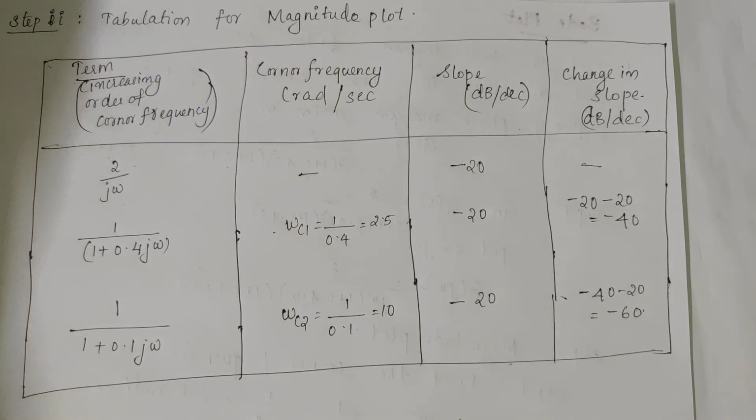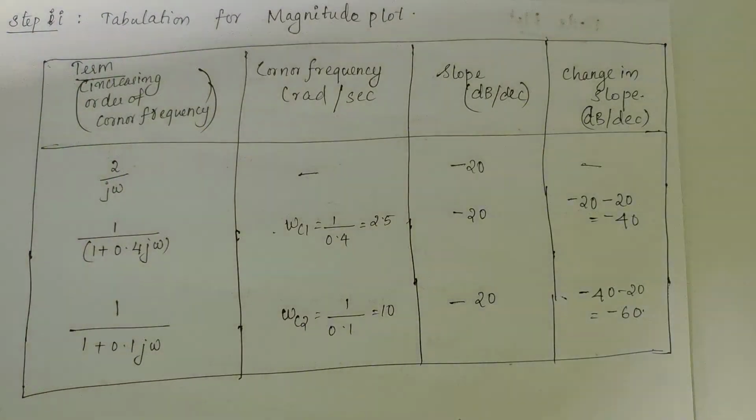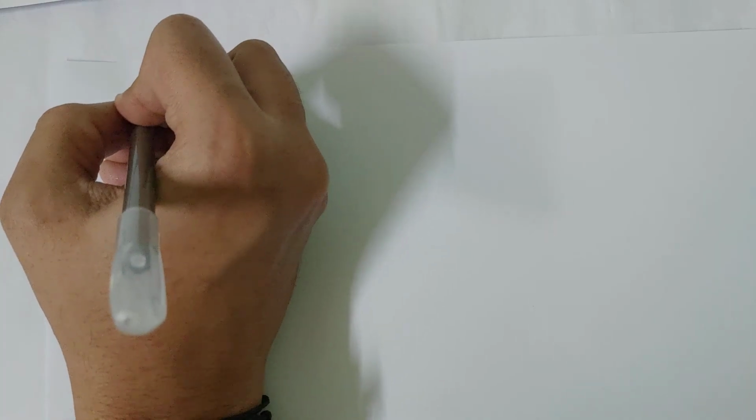Okay, now the next step is step 3 under the magnitude plot.